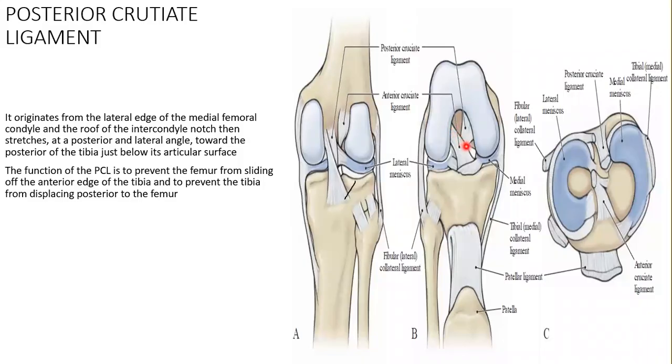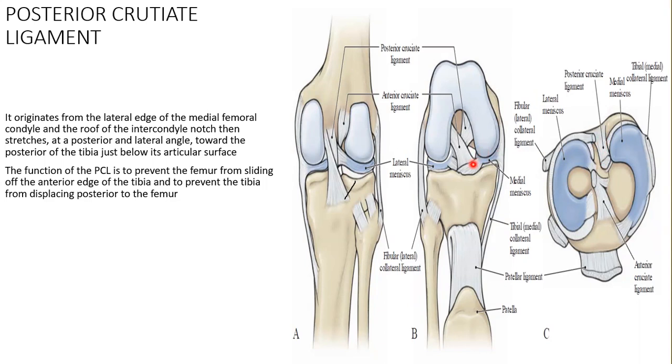Then from there, it goes posteriorly towards the posterior of the tibia, just below the articular surface. From there, it goes to the posterior aspect of the intercondylar eminence of the tibia. So that is the posterior cruciate ligament.